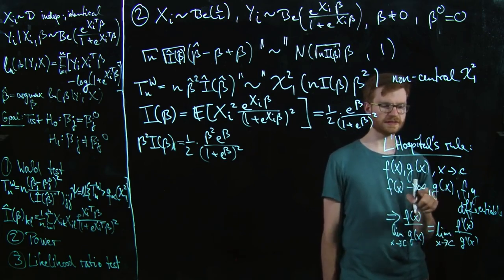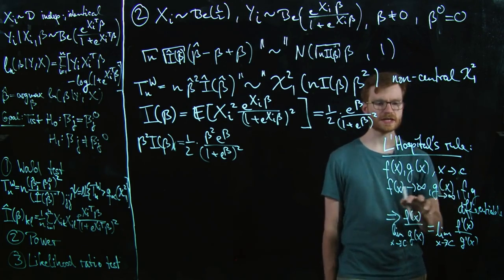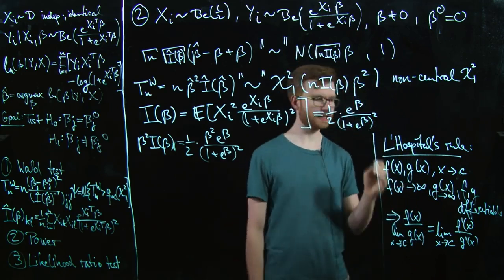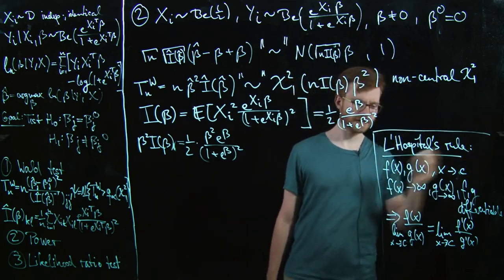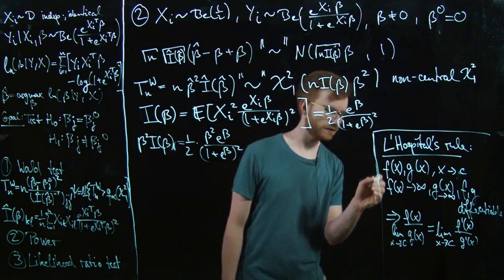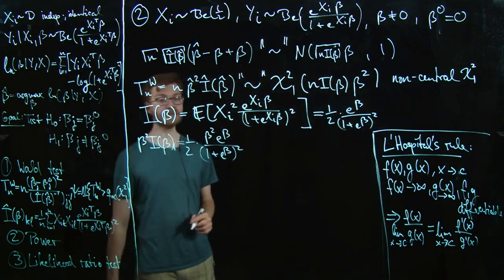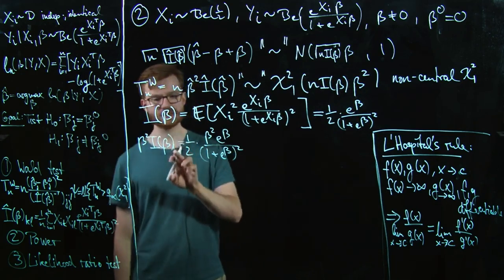If those limits are, oh, I forgot to write g of x going to infinity. If those two limits are true, so if those go to infinity, you could also apply it if they go to 0. OK, and let's try to apply this here.